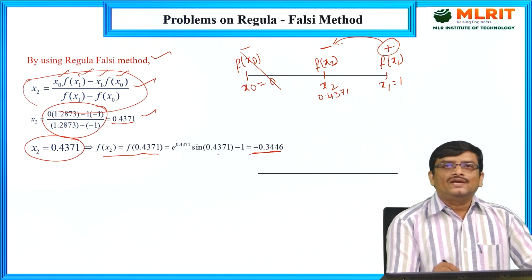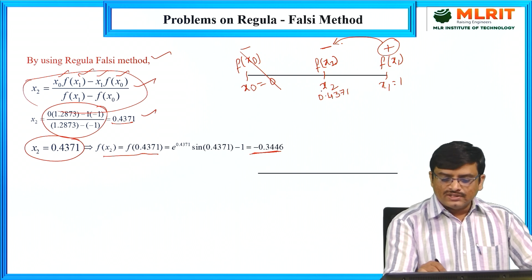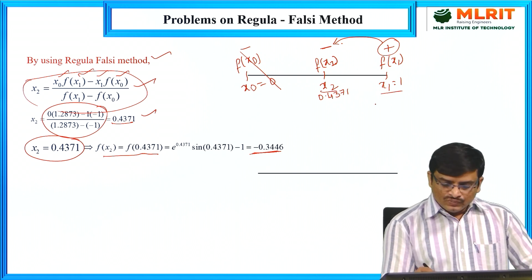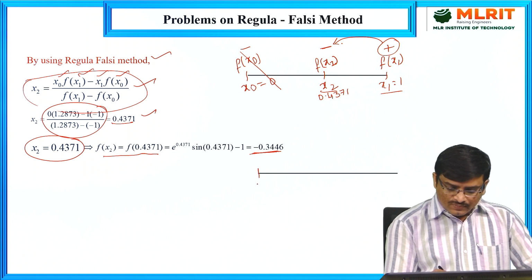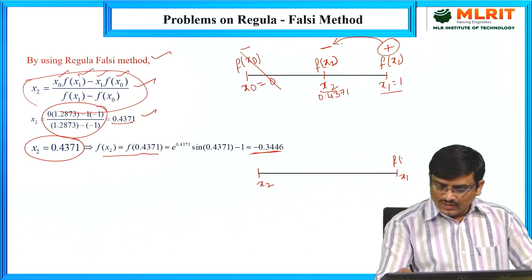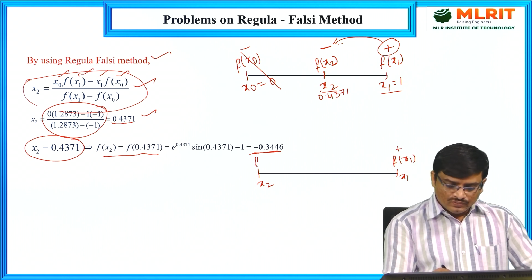So neglect that x0 and you consider this x2 and x1 for the next approximation. So for the next approximation, we are taking x2 and x1. So f of x1, we are having a positive sign, and f of x2, we are having a negative sign.